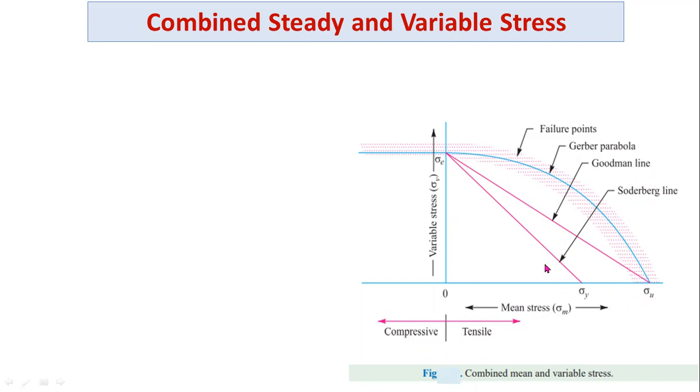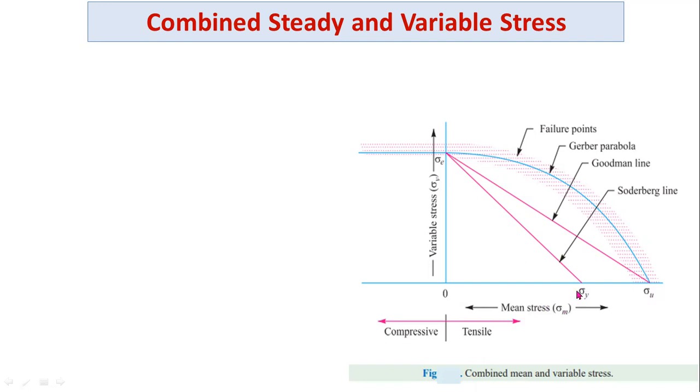Here you can observe I am taking sigma m, the mean stress, on the x-axis, and sigma v, the variable stress, on the y-axis. Then you have to take the ultimate and yield point stresses on the x-axis. These are mean stresses. Sigma u is the ultimate or maximum stress, and sigma y is the yield point stress.